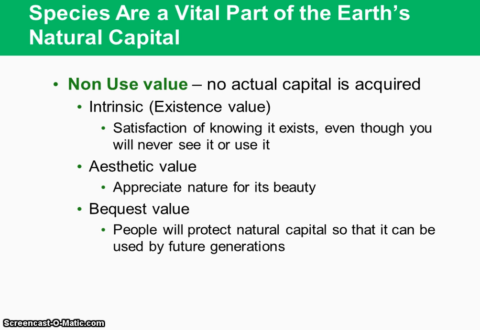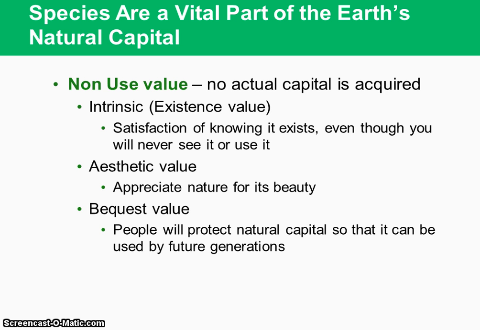Bequest value is another non-use value. And a lot of people, again, you don't have to be one thing or another. Bequest value is very common in many religions, and it's the idea that people will protect natural capital so that it can be used for future generations. This also goes a little bit towards what we'll call stewardship in a minute.